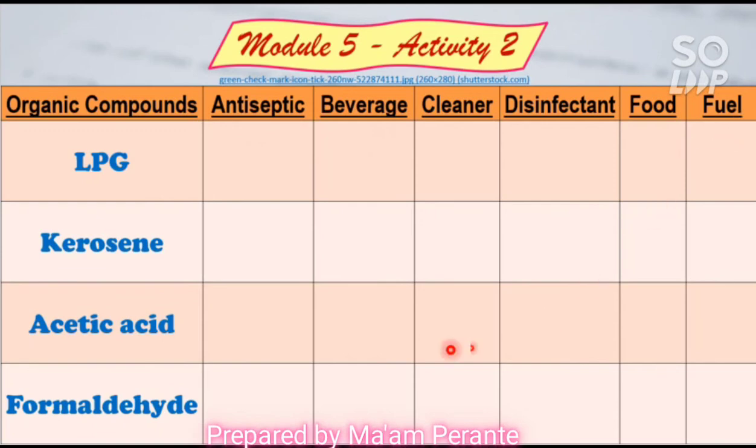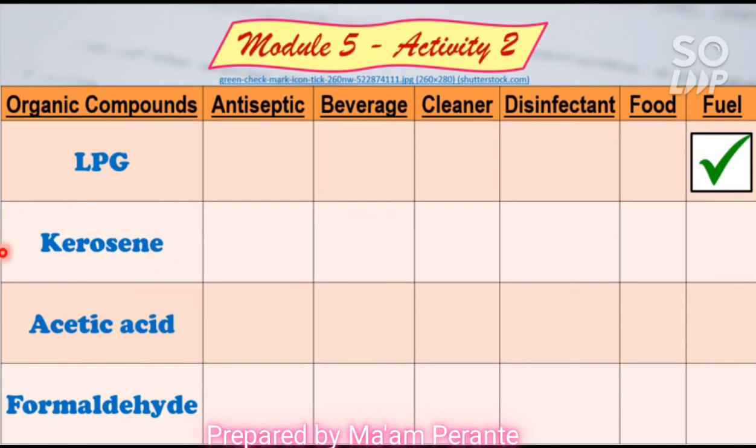I already discussed what are the differences among the antiseptic, lubricant, disinfectant, fuel, and then I also gave some examples of organic compound. So liquefied petroleum gas. What is the use of LPG? That is to fuel our tank for us to cook some food.